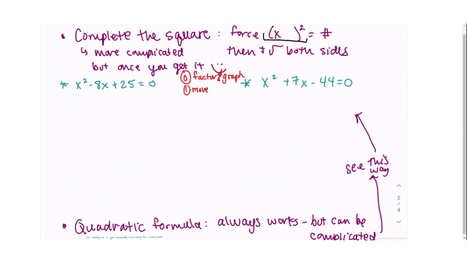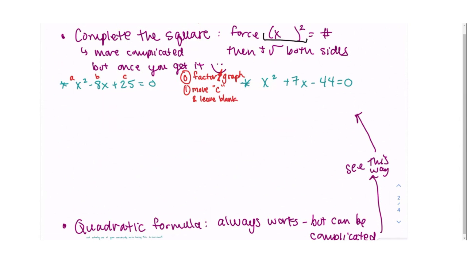So the first thing we're going to do is move the C, and I'm going to put quotation marks around the C and remind you that the number in front of the x squared is the A, the number in front of the plain x is the B, and the last number is the C. So we're going to move C and leave a blank.